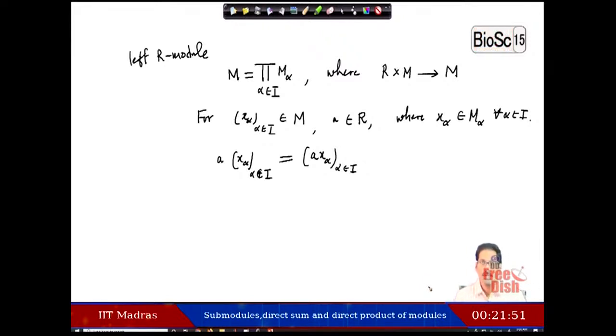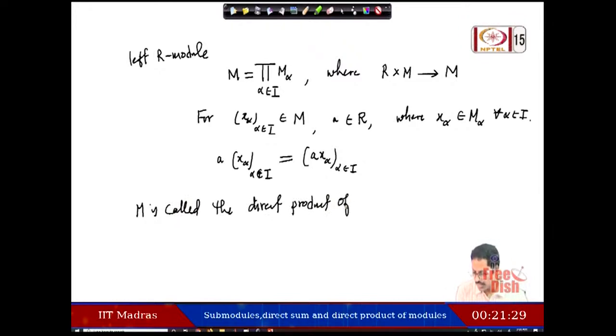This satisfies all the conditions of a left R module. Therefore, M is a left R module, called the direct product of the family M alpha of left R modules.